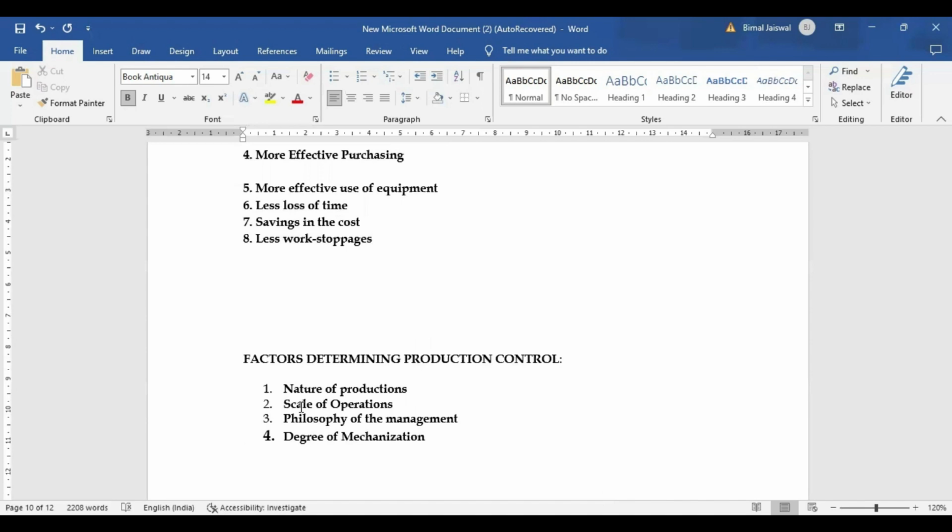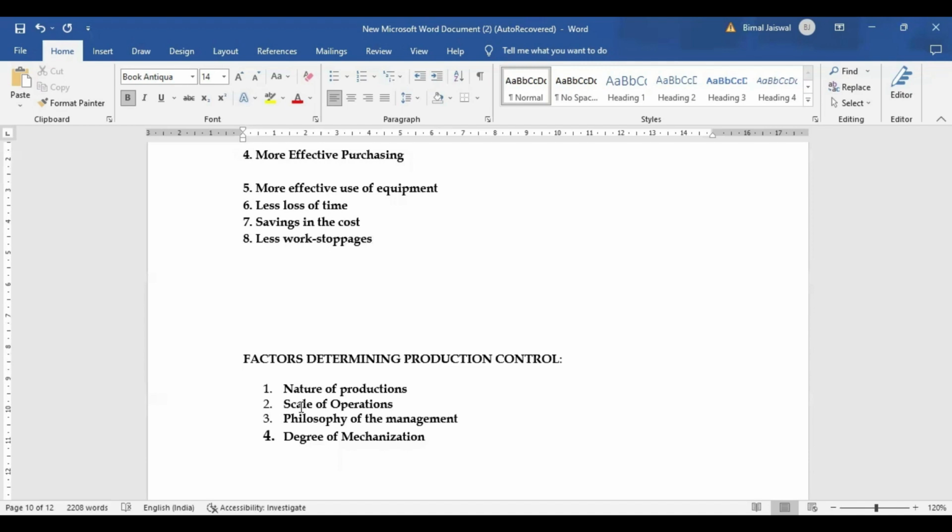Nature of production means what you are producing, whether it is a manufacturing item, engineering item, agricultural item, or any service item. Because the control application is going to vary on the basis of the goods and services that you are producing.